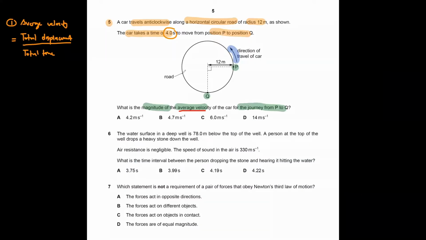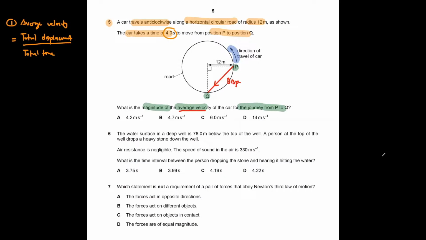So if you recall what's the definition of displacement, displacement is actually the distance from a reference point in a specific direction, or in other words, it's actually the straight line distance between 2 points. So in our case, the displacement between P and Q is actually this red line here. And the direction will be from our initial point to our final point. So we're pointing downwards. This is our displacement.